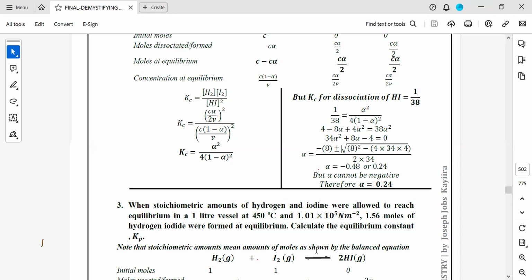So remember, the only areas where we apply Kp is when the question has specified to find the Kp, or when you have pressures given to you, or when you have gases only reacting and they have given you their different partial pressures. In that way, you can apply the Kp method to get the equilibrium constant of those reactants.